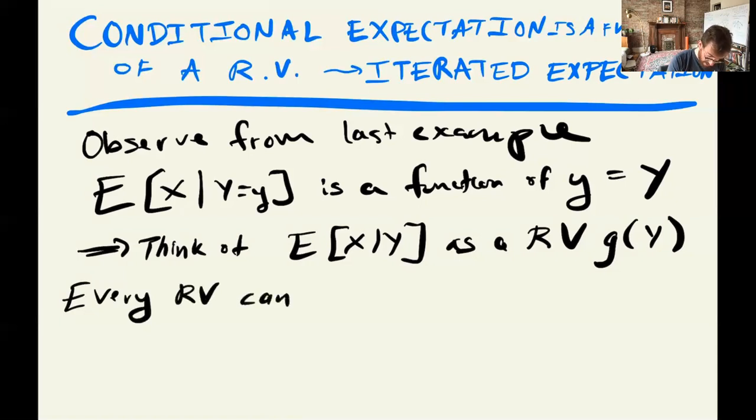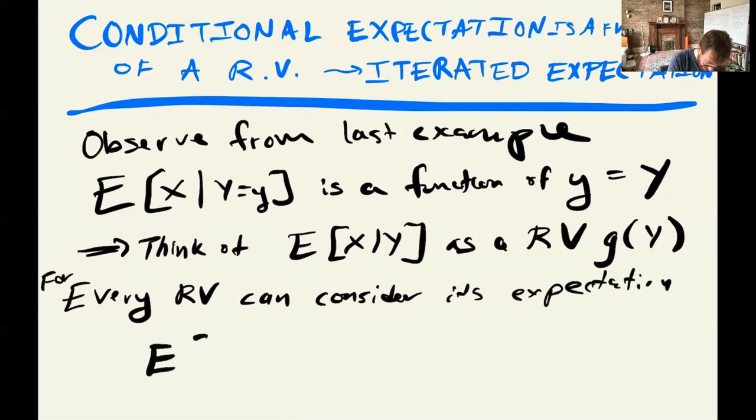I should say for every random variable, you can consider its expectation. So what that leads to is considering what is the expectation of this random variable, which we call the expectation of X given Y.